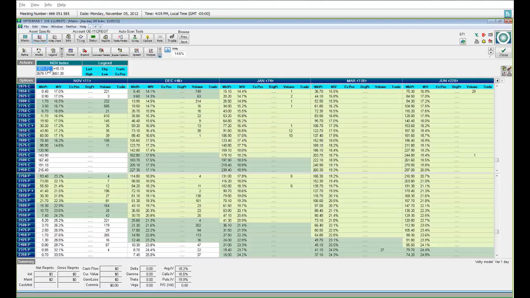So if we were to take 2,700 minus 2671, let's get my trusty little calculator here. What a crappy calculator. I need to get another one.